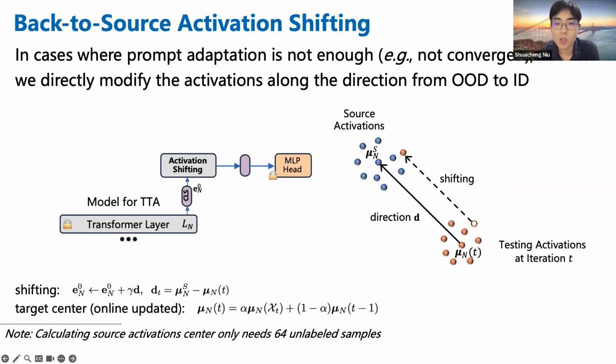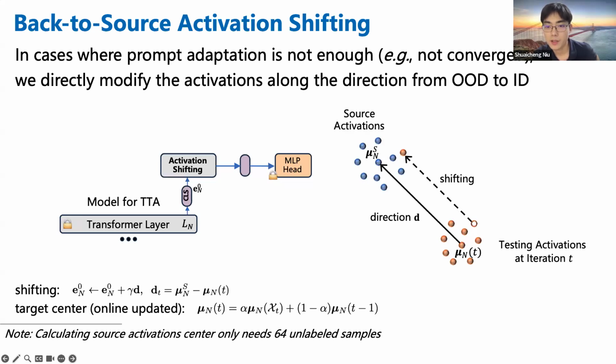However, prompt adaptation may still be inadequate. This is because at the beginning of prompt learning, the prompt is randomly initialized and shall affect the initial model performance. In this case, we further conduct back-to-source activation shifting at the feature level. It directly shifts the activations along the direction from the out of distribution to in distribution.